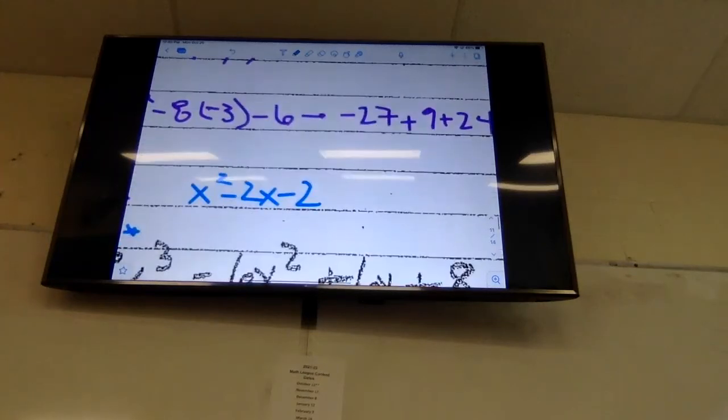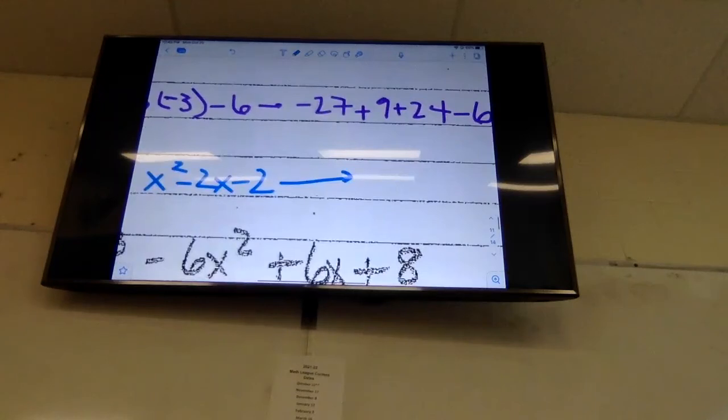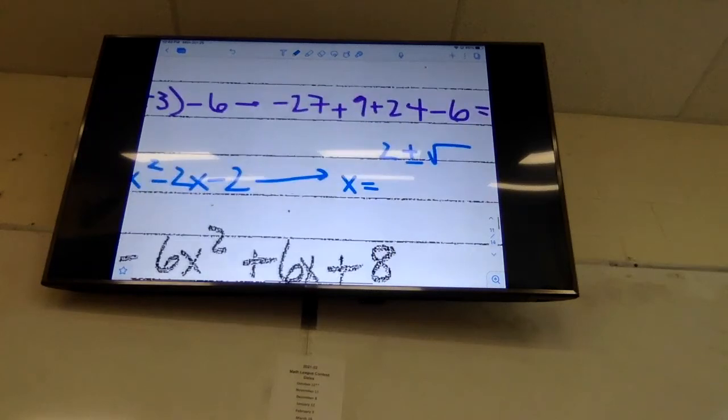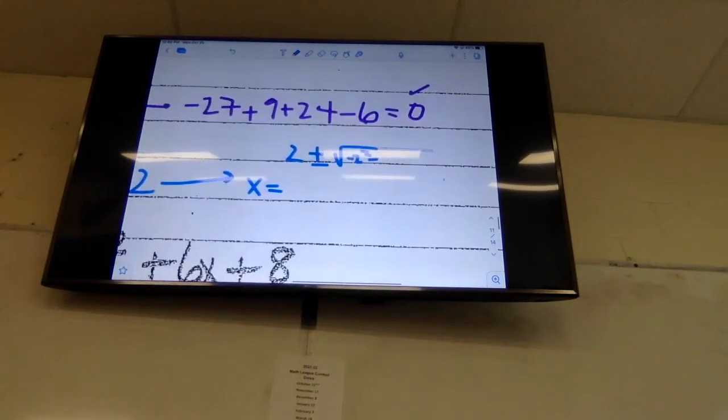So I'm going to do the quadratic formula for this one, and that should get me all the rest of the zeros. So x equals 2 plus or minus the root of -2 squared minus 4 times 1 times -2, all over 2 times 1.